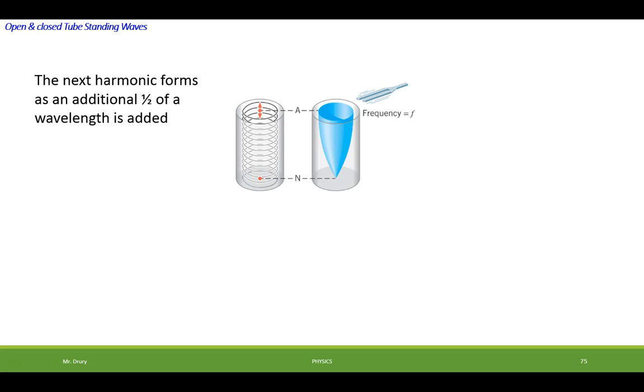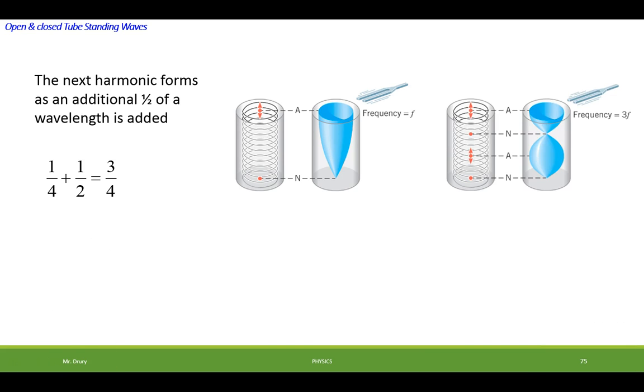Alright, so the next harmonic forms when we add another half of a wavelength. In other words, we add another football shape. Here's the original, and we added another half. That occurs at 3/4 of a wavelength. Then we add another football shape, another half, and we get 5/4 of a wavelength. Then we add another football, and we get 7/4 of a wavelength.